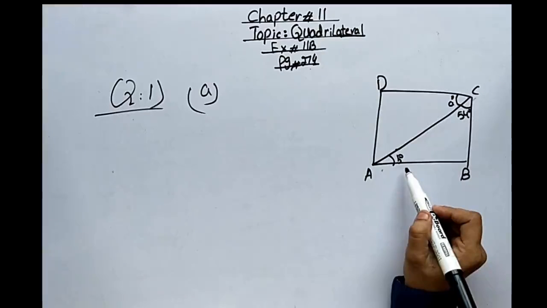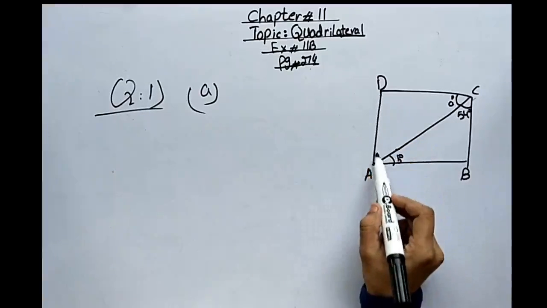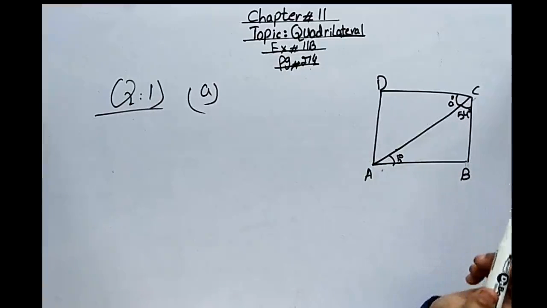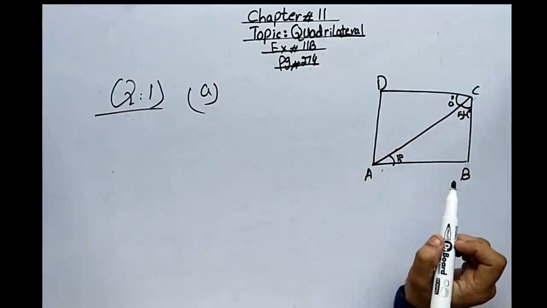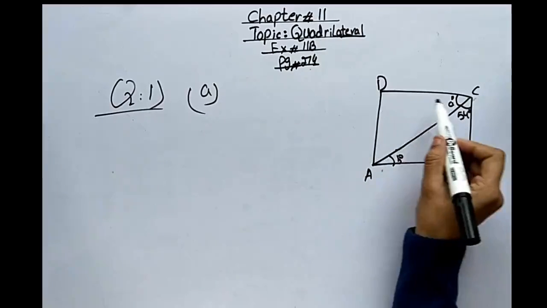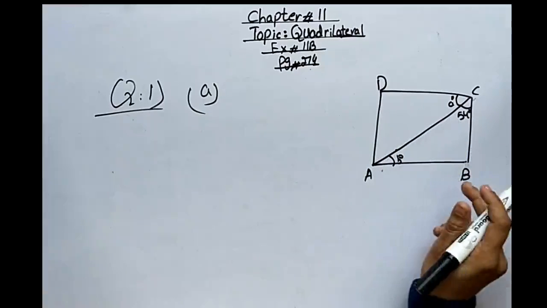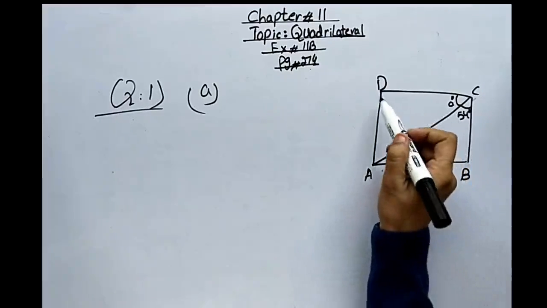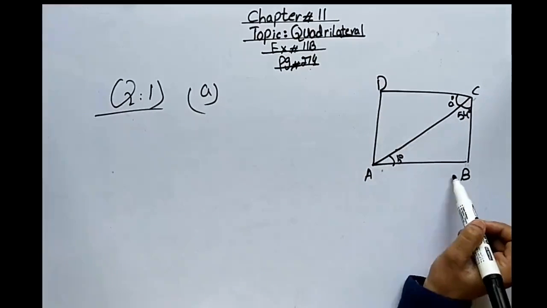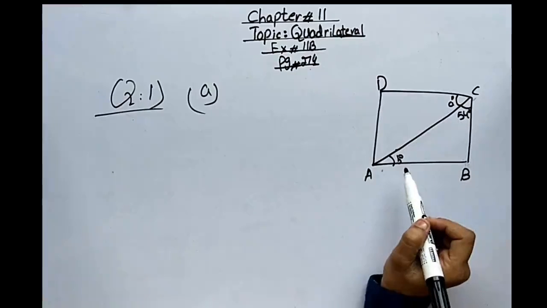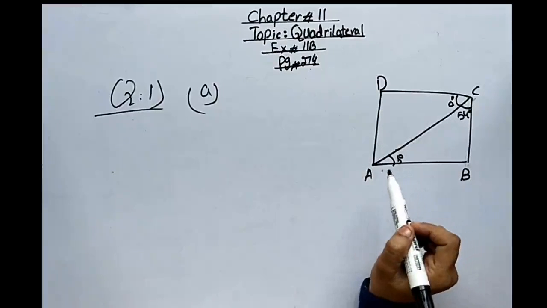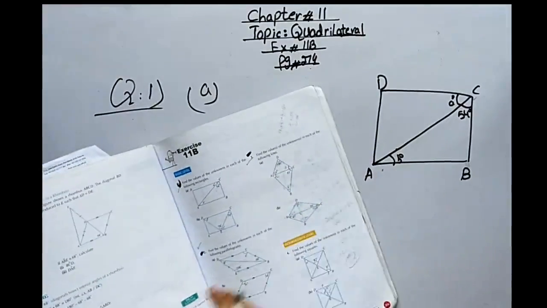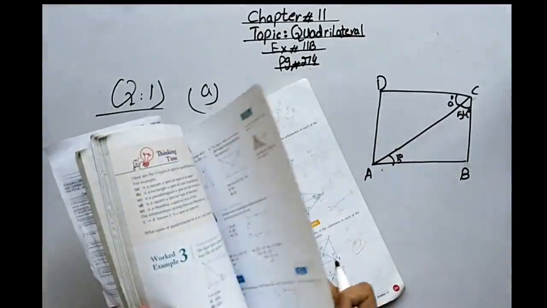So how can we find them? Look here, the given shape is a rectangle, and there is one important point about a rectangle. We know this shape is also called a quadrilateral because it has 4 sides and 4 angles. We have already learned the properties of the rectangle; you can see the previous page.